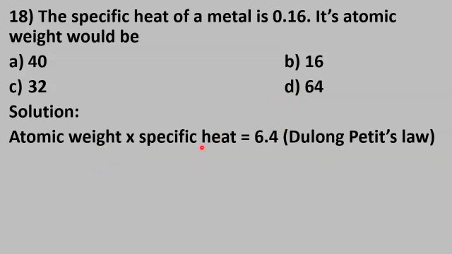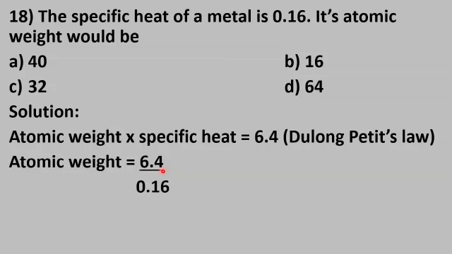Atomic weight into specific heat is equal to 6.4 according to Dulong-Petit's law. So atomic weight therefore is equal to 6.4 divided by 0.16. So that is equal to 40. Therefore here the correct answer is option A, that is 40.